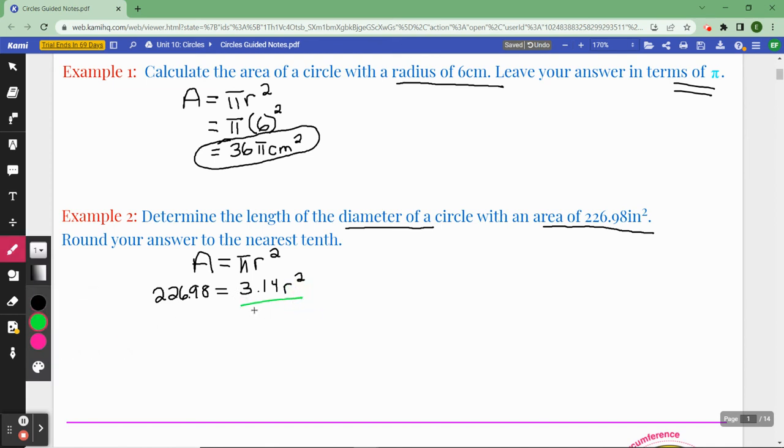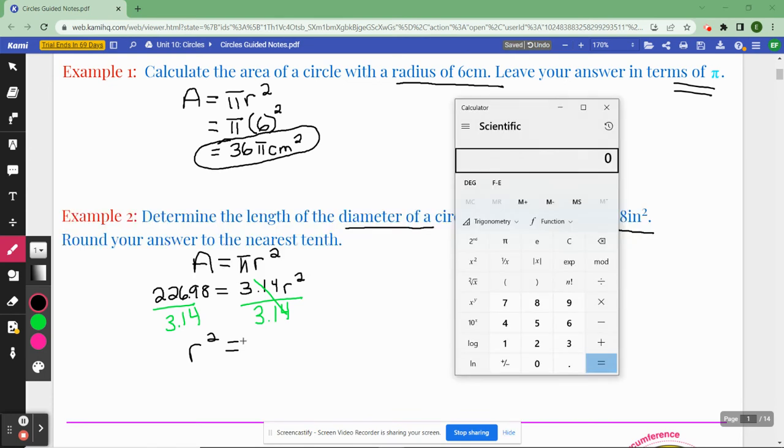So in order to solve here, we are going to have to do a little bit of algebra. So first step is dividing both sides by 3.14. And yes, we're going to break out our calculators to see what that is. So our radius squared is going to be equal to, let's see, calculator, 226.98 divided by 3.14, which is approximately 72.29.